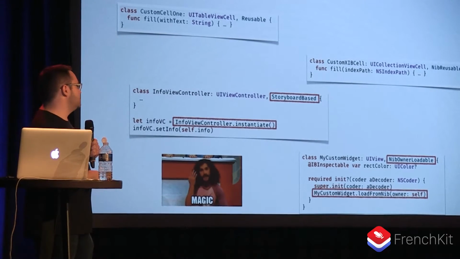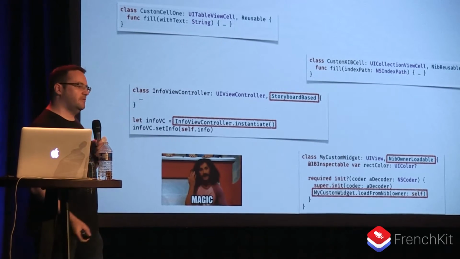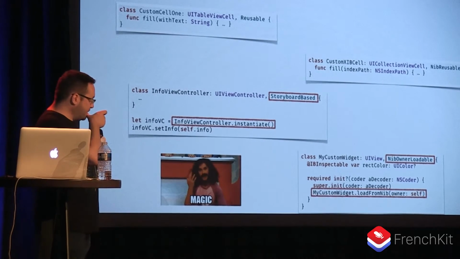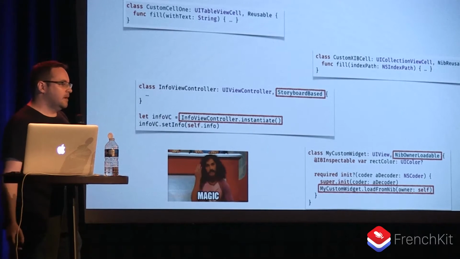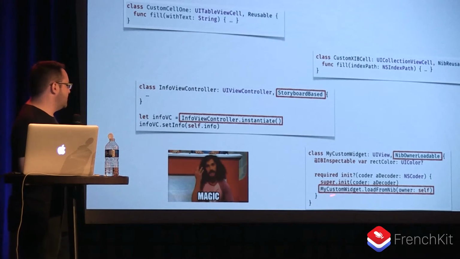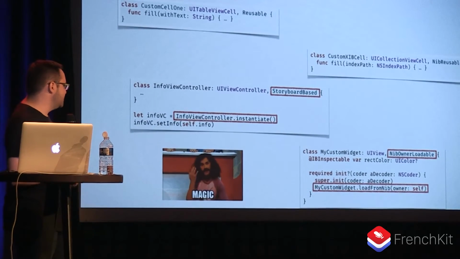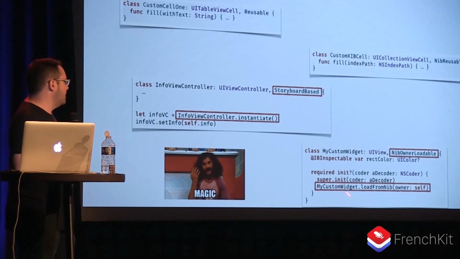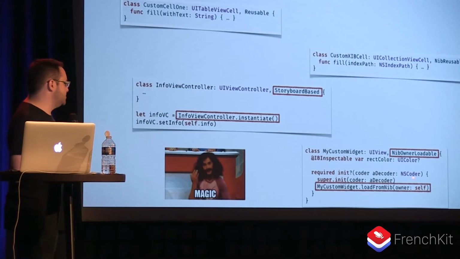You make mycustomWidget the nib file's owner, and then you connect everything like IB outlets and stuff. And thanks to this mixin, you can now easily create a new instance of custom widget. So you could either create a new instance by code, like this, or you could even implement init with coder.